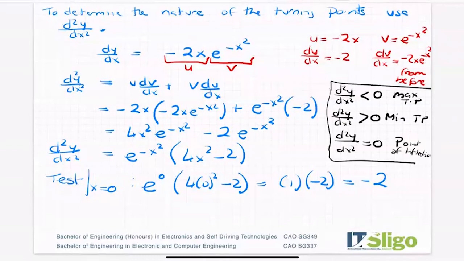So that is the theory you invoke when you need to figure out what is my turning point. So that's what I'm saying, the 2 actually doesn't matter. What I care about is the minus, because that number is a negative number, so it's less than 0. Therefore, my conclusion, 0, 1 is a max turning point.